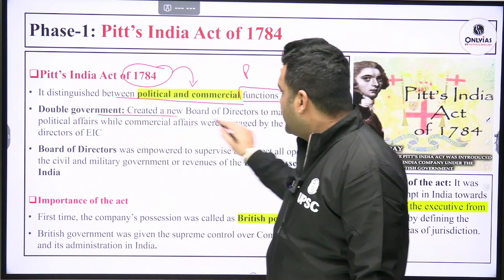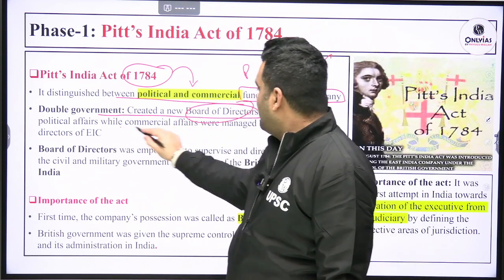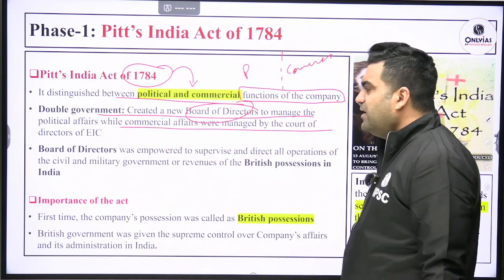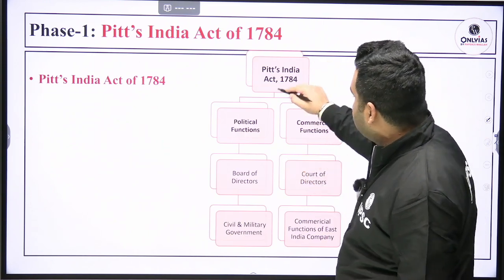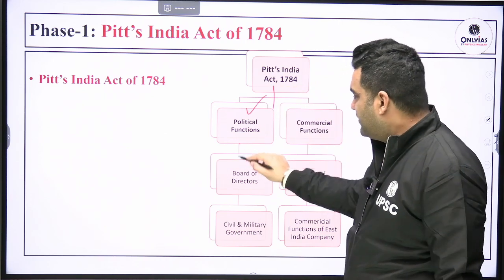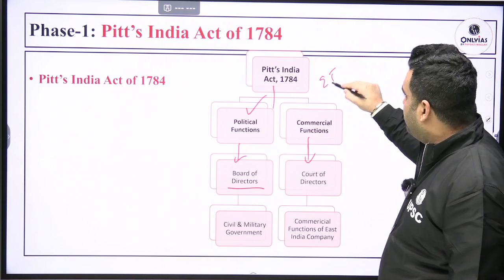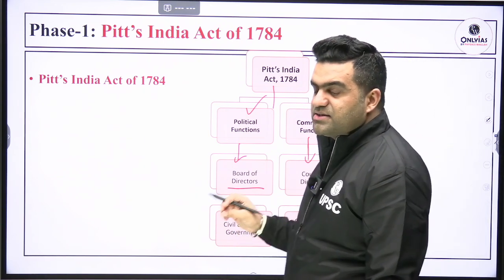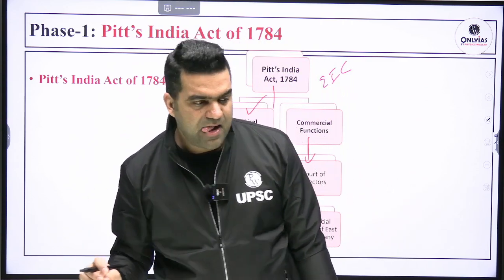Double government created a new board of directors to manage the political affairs, while commercial affairs were managed by the court of directors. Okay, now see here, under Pitt's India Act, political functions will be managed by the board of directors. Commercial functions of the East India Company, control still remains in the hands of the East India Company only, right?